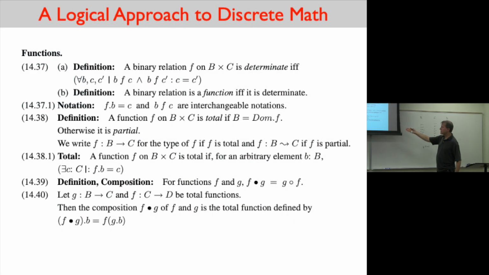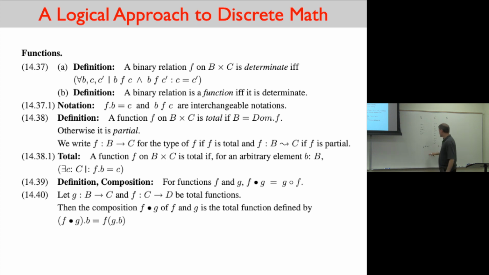And now what does the theorem say? It says the composition, by the way, we're going to say this is F composed G. Okay. All right, so that we said G times F, we say F composed G. So the composition F composed G of F and G is the total function defined by F composed G dot B equals F of G of B.